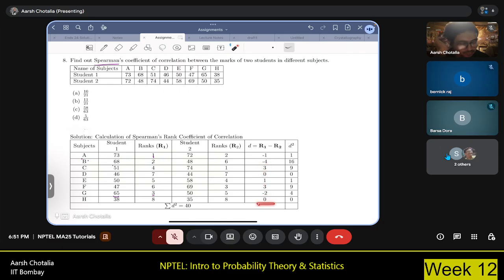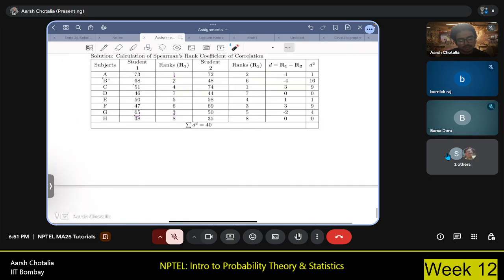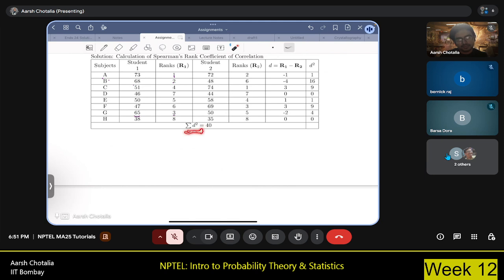Okay. And if we add them up, then we'll get 0, right? So we do not directly add them up. First, we square and then add them up. It's just like how we calculate the variance. So the sum of d square turns out to be 40. So that is the sum of the squares of the differences in rank.